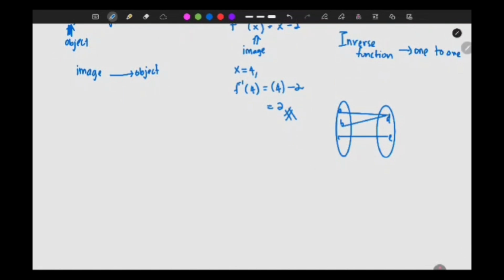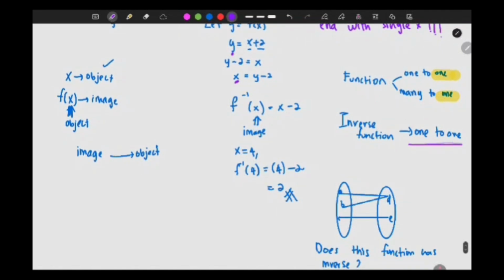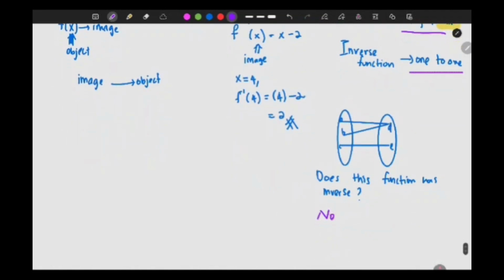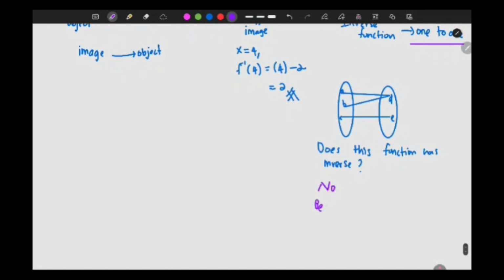Inverse function can only be done for one to one, but this function is many to one, because it is a many to one relation. So you cannot do it. For this type of question, you have to be very careful. Inverse function only one to one. There's no many to one. You cannot find an inverse function for this. If you find one, it's a math error.